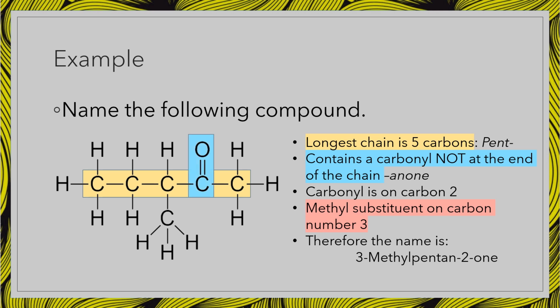So at the moment it's pentanone. The carbonyl, so our carbon-oxygen double bond, is on the second carbon. So it's pentane 2-one. And we also have a methyl group on the third carbon. So in this case, it's 3-methyl pentane 2-one.